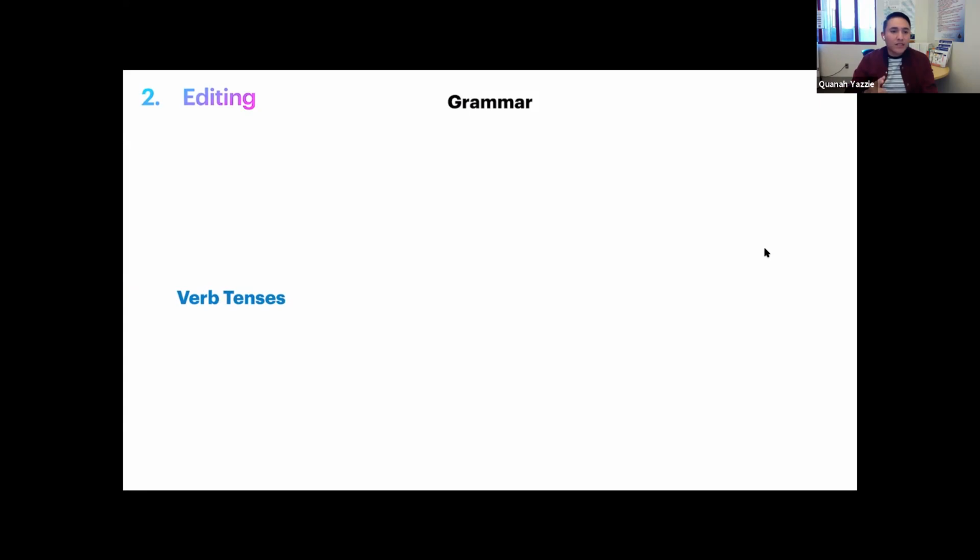Within verb tenses, we have verb tenses that are consistent and some that are complex. The difference is that consistency is just using verbs within your essay. Make sure they're all past tense, make sure they're all present tense, or make sure they're all in future tense, in any way that you want, but make sure they're all consistent on the same level.